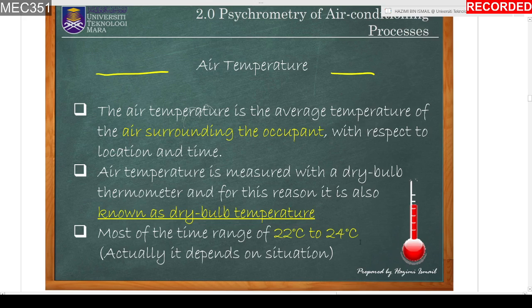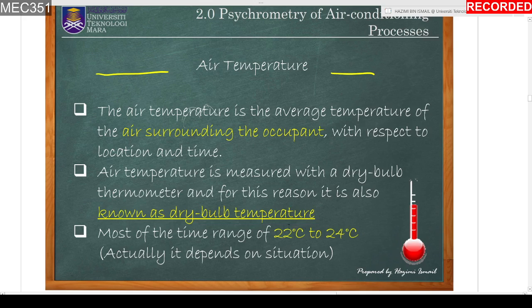Sebab kadang-kadang dekat negara Mat Saleh, diorang dah biasa sejuk. So maybe it is acceptable for 22 or 21 degree for them. But untuk saya yang lahir dekat negara panas macam Malaysia, membesar pun negara Malaysia, hidup sekarang pun negara Malaysia, saya tak berapa sesuai dengan suhu ni.